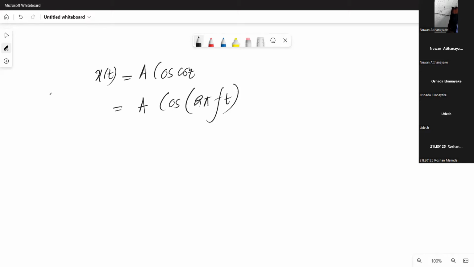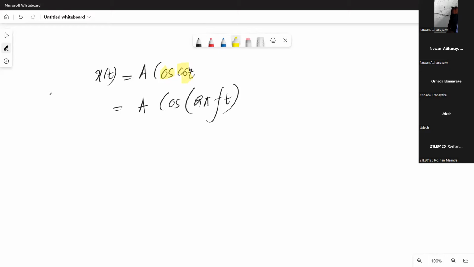In the first case, omega is the angular frequency as Nuan highlighted. In the second case, f is the real frequency of the signal in hertz, while omega is the angular frequency in radians per second.